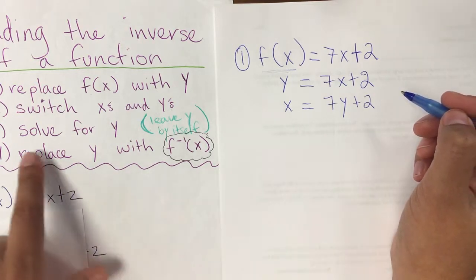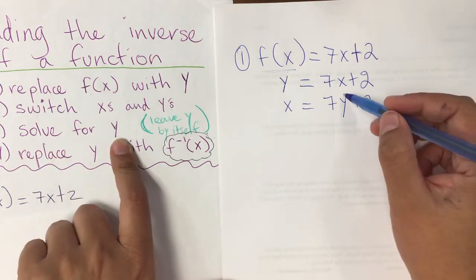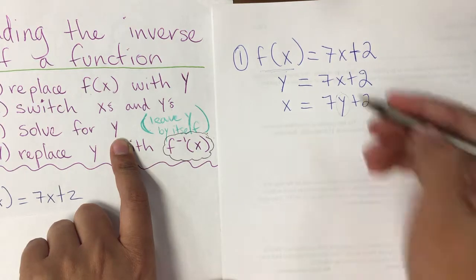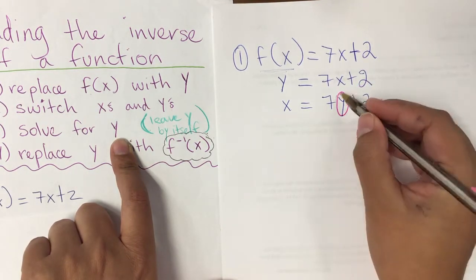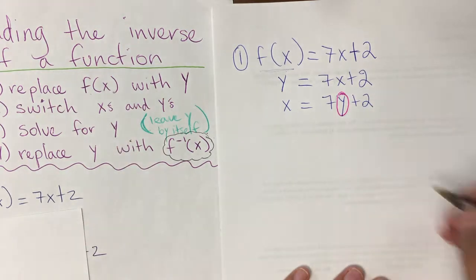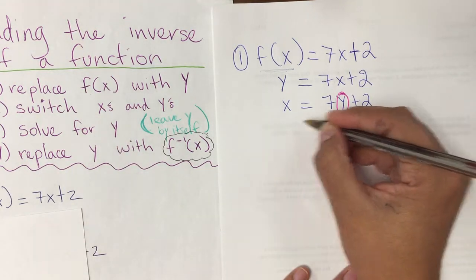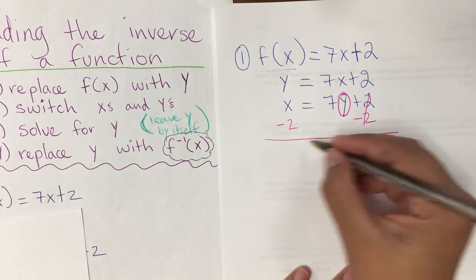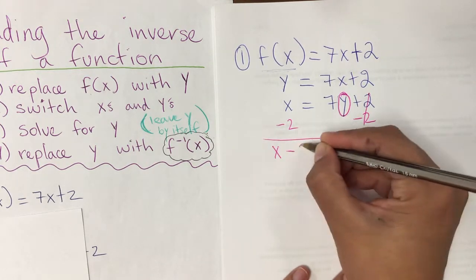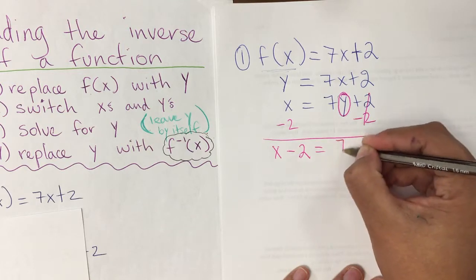Then I'm going to solve for y, meaning I need to leave y alone. I'm going to isolate y by eliminating the 2, subtracting 2. I get x minus 2 equals 7y.